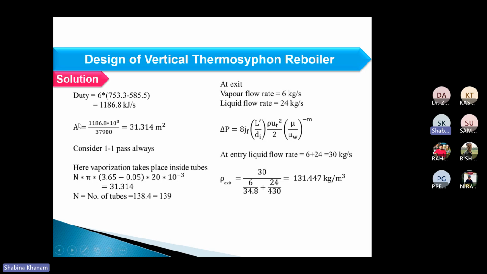Okay, so total heat transfer area should be heat duty by heat flux. So 37,900 watt per meter square is the heat flux, and this is the heat duty which we have calculated just above. So 31.314 meter square would be the heat transfer area.